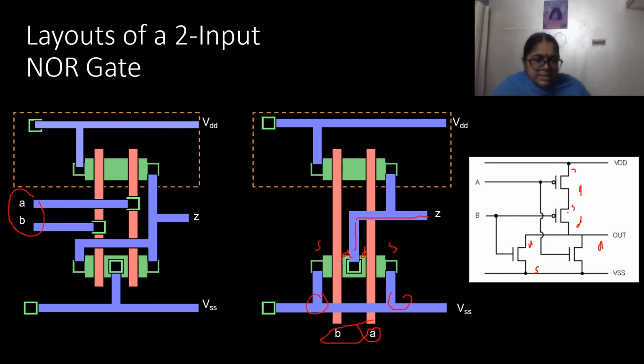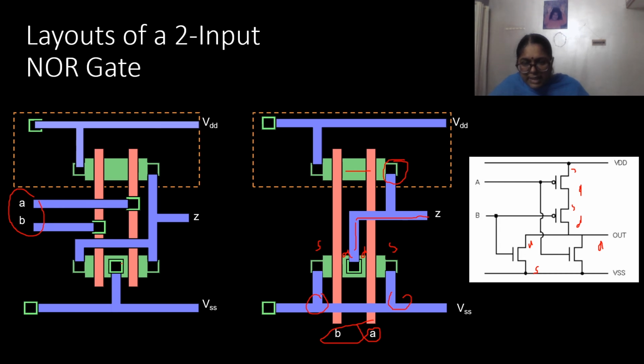Similarly, two PMOS transistors are in series. For the first transistor, transistor A, the source is connected to VDD, then the drain of A and the source of transistor B are indicated here by using a common diffusion, and then the drain of transistor B is connected to the output. Now these two layouts show the difference.